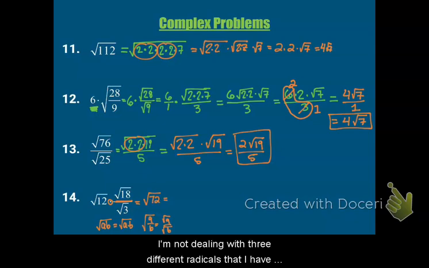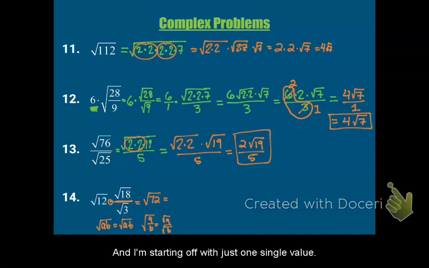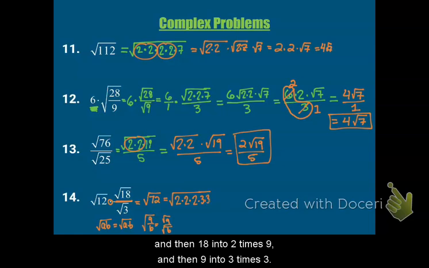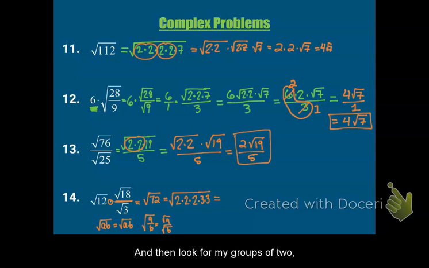That way I'm not dealing with 3 different radicals that I have to simplify all on their own, and I'm starting off with just one single value. And from there, use my prime factorization and my product rule and break this down into 2 times 36, and then 36 into 2 times 18, and then 18 into 2 times 9, and then 9 into 3 times 3, and then look for my groups of 2.